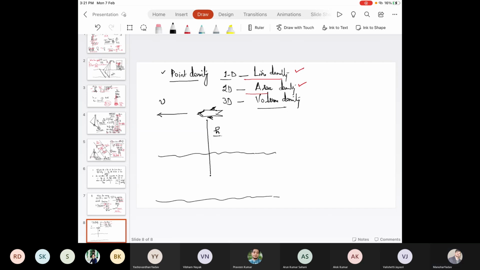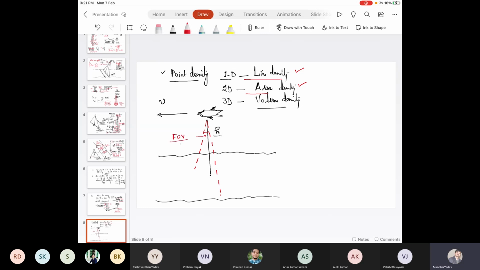Now, the field of view of the laser sensor, let's say I write it FOV. So this is the field of view FOV.